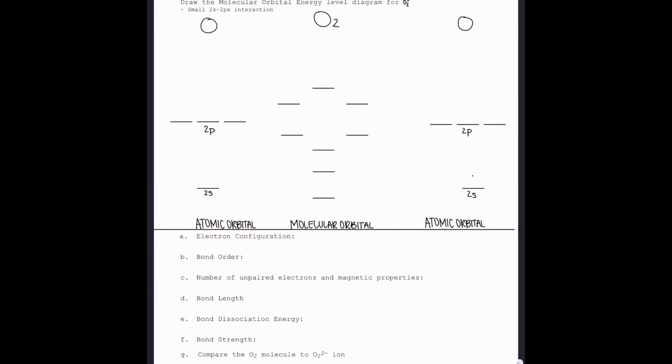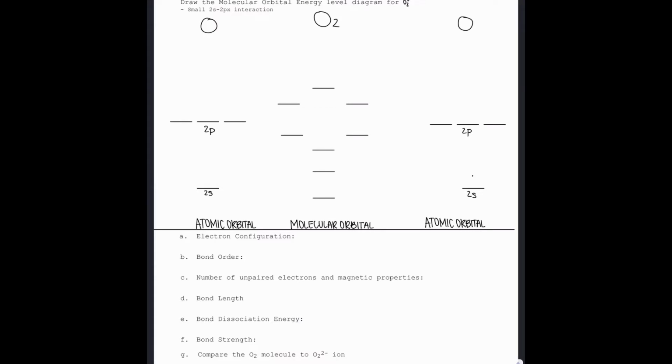Its own molecule has 12 valence electrons. Okay, the -2 charge means that we will add 2 electrons to give us a total of 14 bonded electrons.